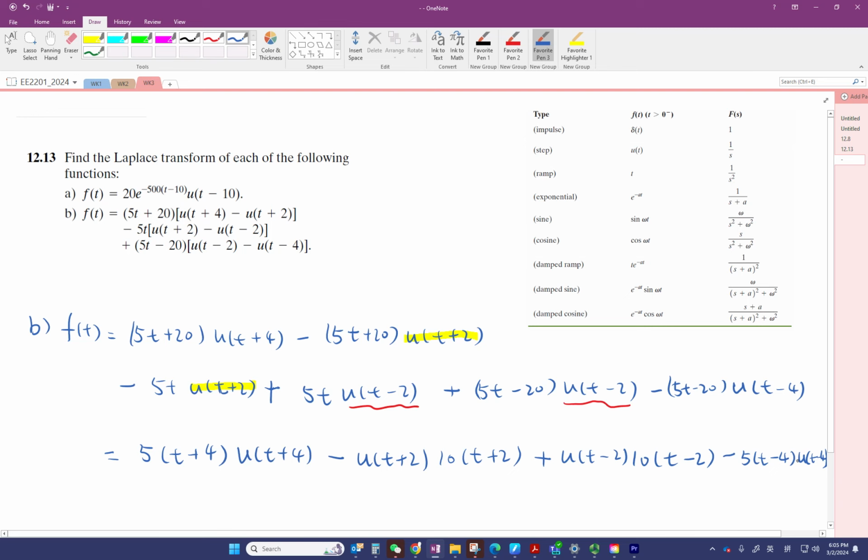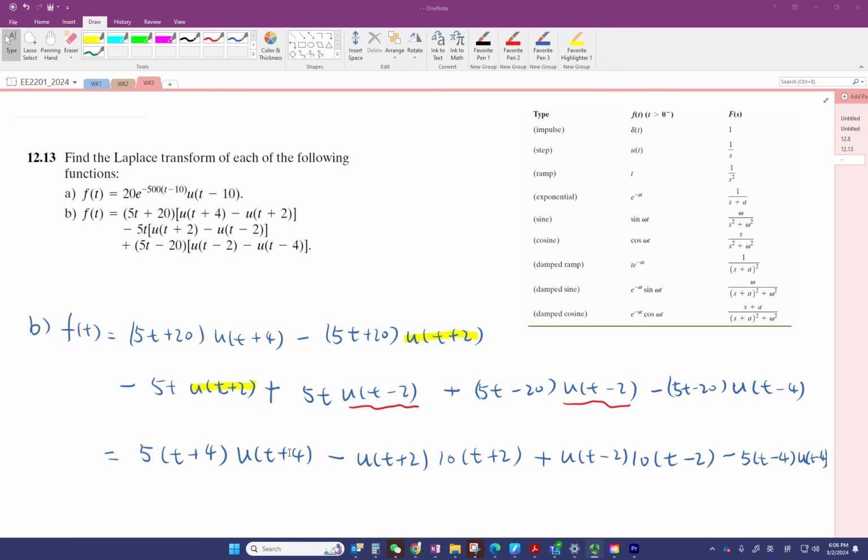Okay, so you can see we're all in the form of (t plus 4) u(t plus 4), minus (t plus 2) u(t plus 2), (t minus 2) u(t minus 2). So these all have the time shift.